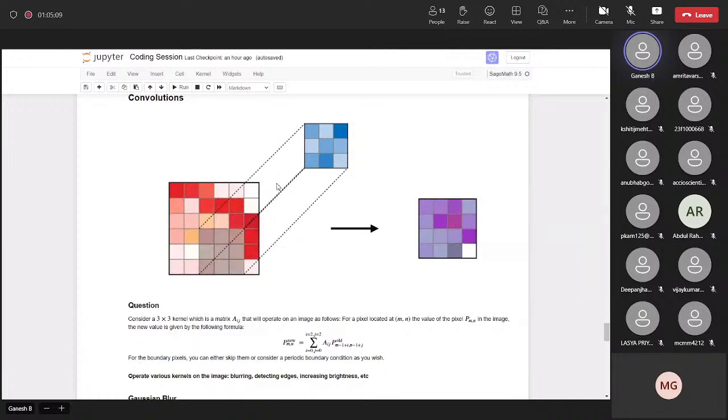So your image is just a matrix which holds these RGB values. Just like in our last example, our matrix held all the values of the temperature. So in an image, the matrix just holds the RGB values. Then each pixel gives you a color, and as a whole, you will get an image.